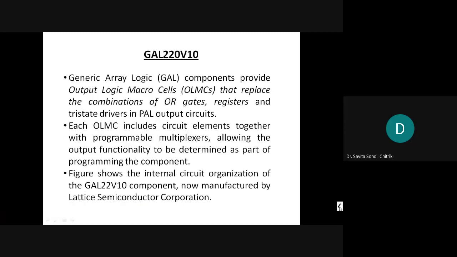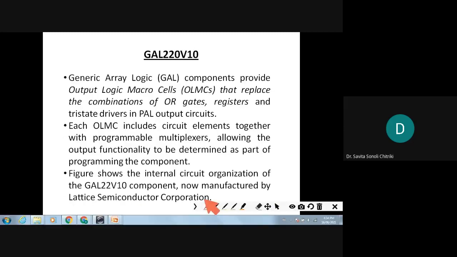So you can see here, generic array logic, that is GAL. GAL components provide output logic macro cells, OLMCs, that replace the combination of OR gates, registers, and tri-state drivers in PAL output circuits.